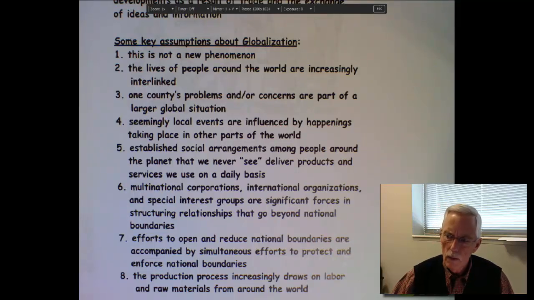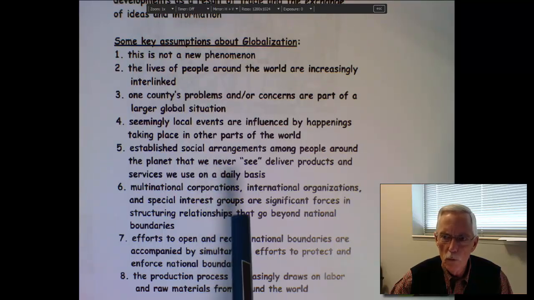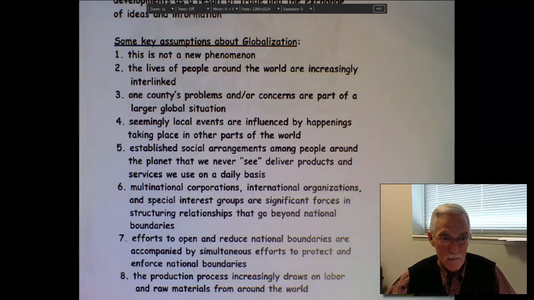Plus today, perhaps more so than any time in human history, you have multinational organizations, likewise international corporations, special interest groups that are becoming major forces in our lives. I can highlight just a few of these. The World Trade Organization was created in 1994.